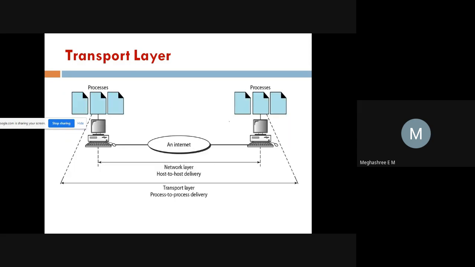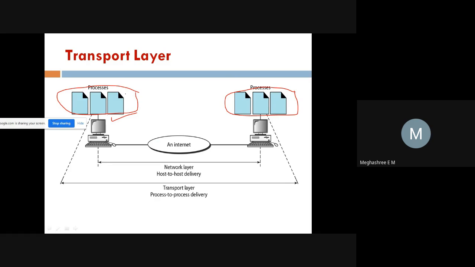Let's consider this diagram. Transport layer, I said process, right? This is the process or the application that is running on my system, and I send a message to my friend who is located in another city. We are connected over the internet, right?